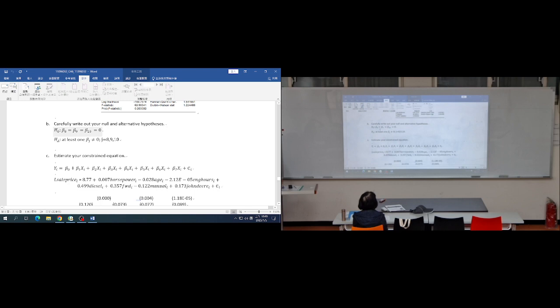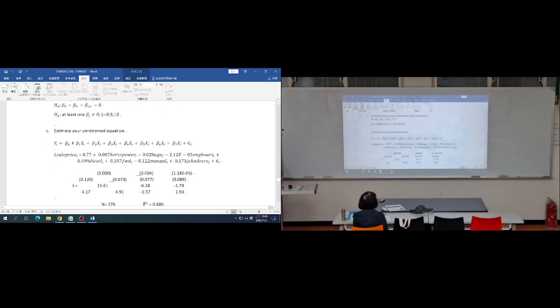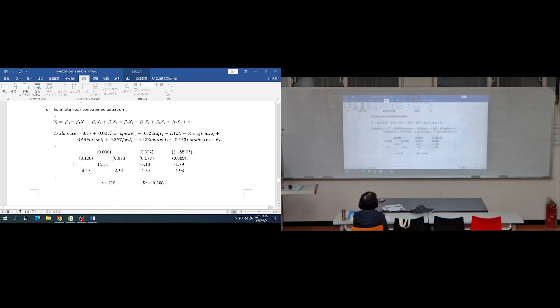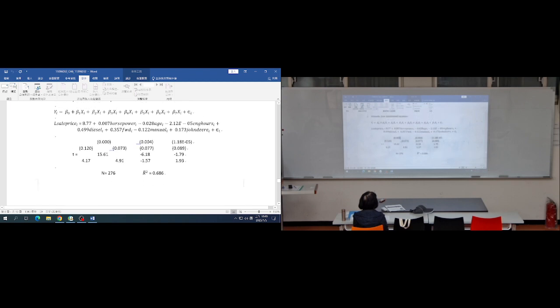Okay. And then this is my null hypothesis: beta 8 is equal to beta 9 is equal to beta 10 is equal to 0, and at least one beta j is not equal to 0, j indicating 8, 9, or 10. And then this is the constraint equation.